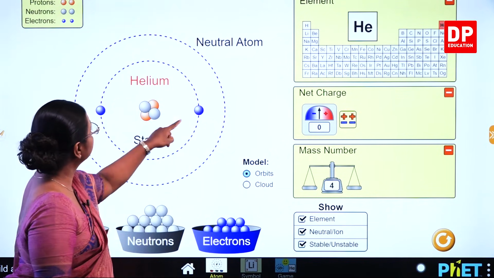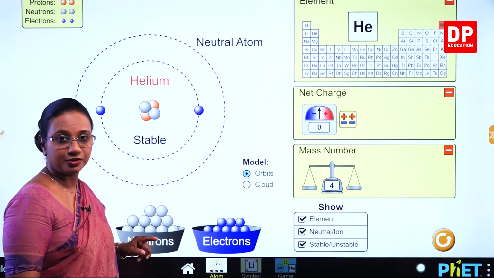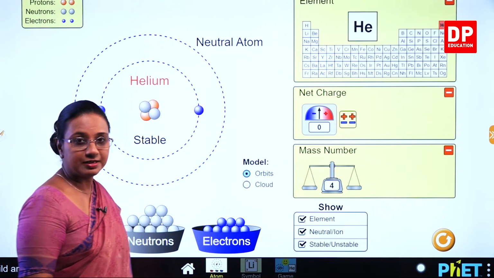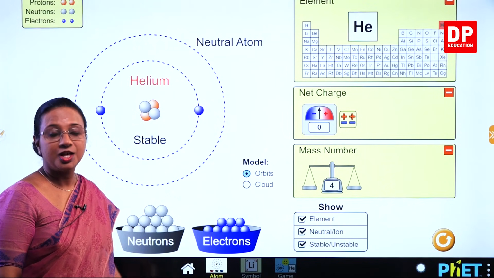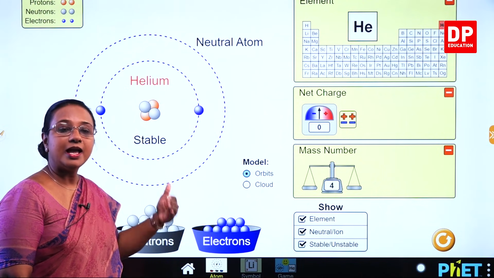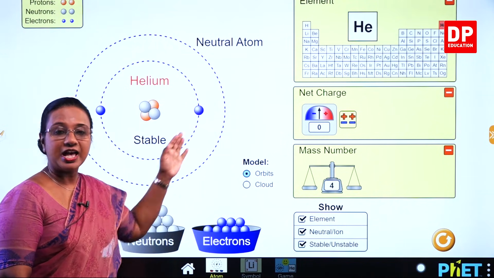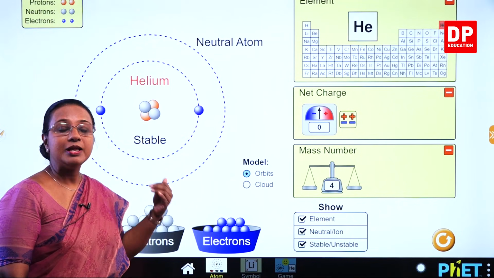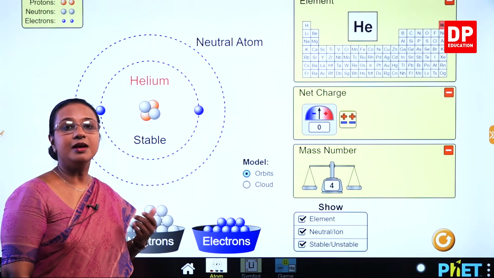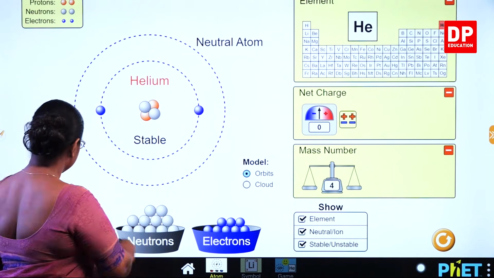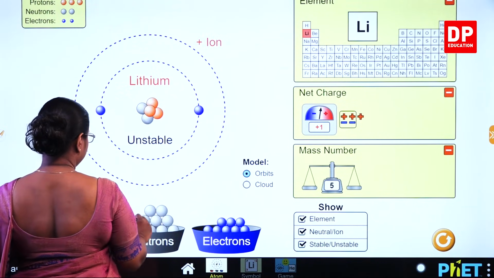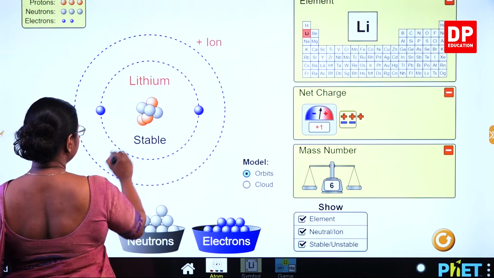And there are two negatively charged electrons. Therefore, the atom is neutral. So likewise, we can keep on adding neutrons, protons and electrons. We will look at another example, carbon. Carbon has 6 protons and 6 neutrons.